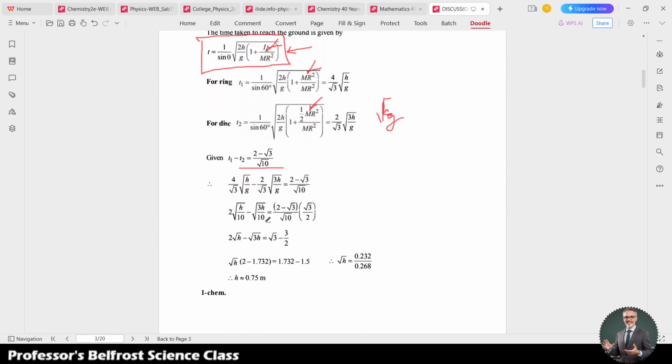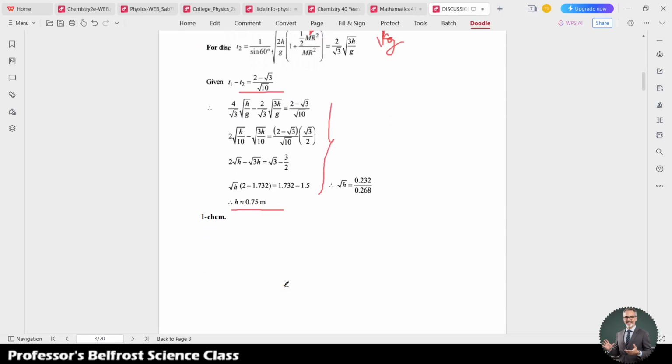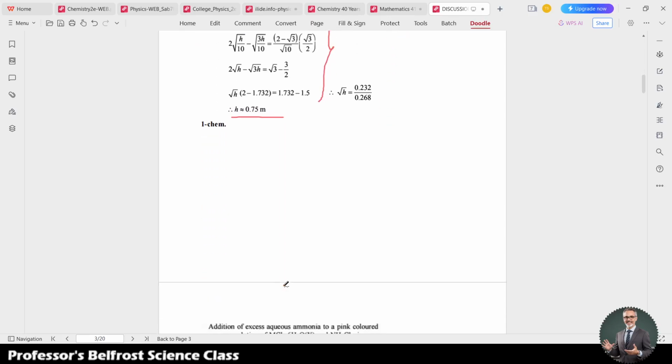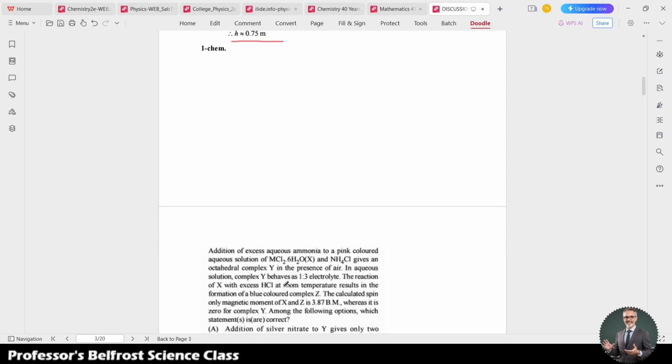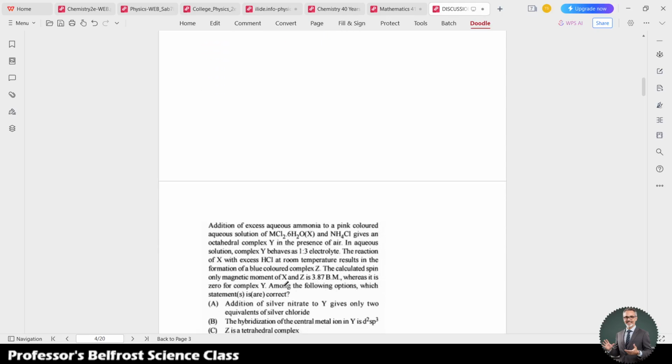Okay, I see. So you just need a little algebra to deal with this, and you get the height is about 0.75 meters, 3/4 meters. Now chemistry.